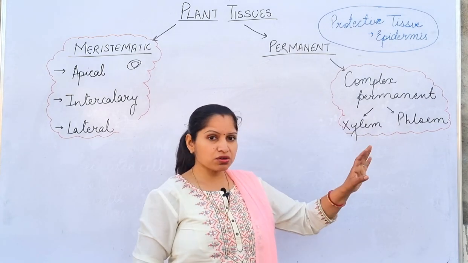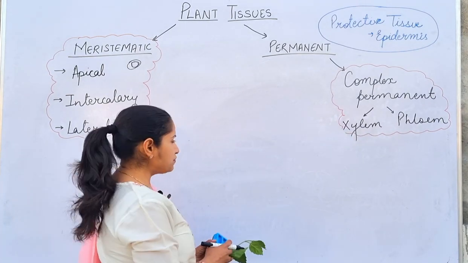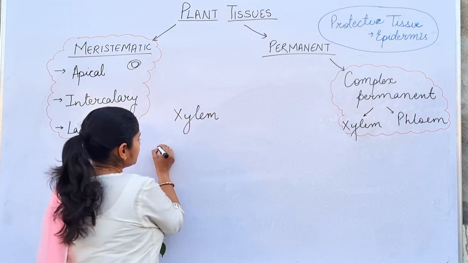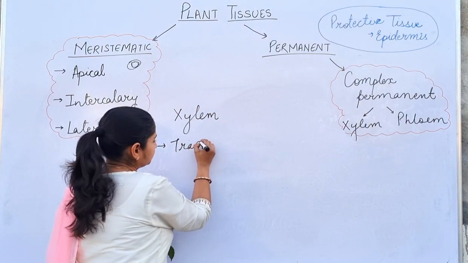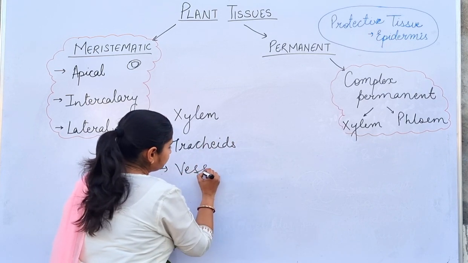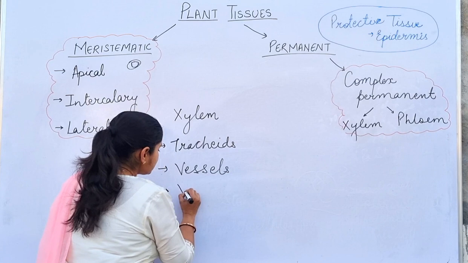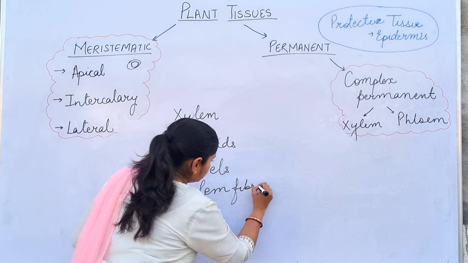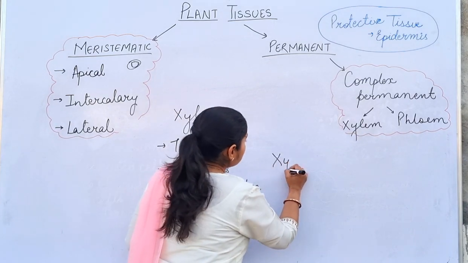So this xylem is also made up of different types of cells, and these cells are tracheids, vessels, xylem fiber, and xylem parenchyma.